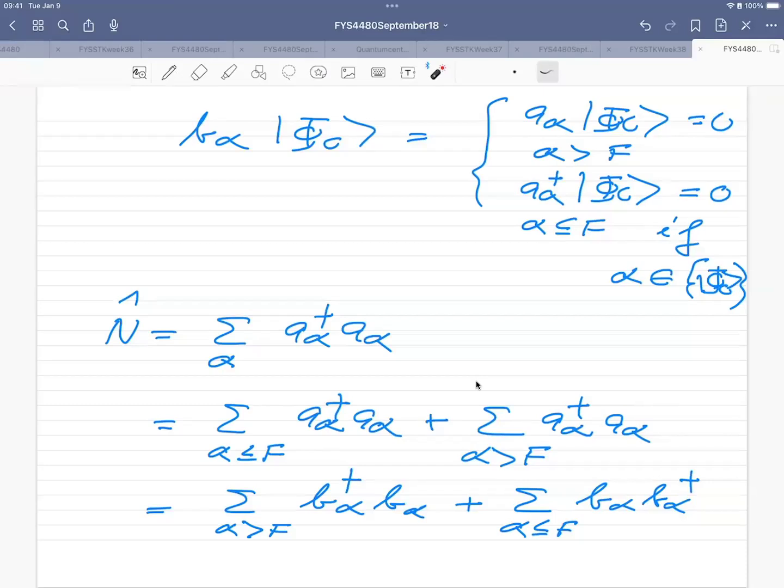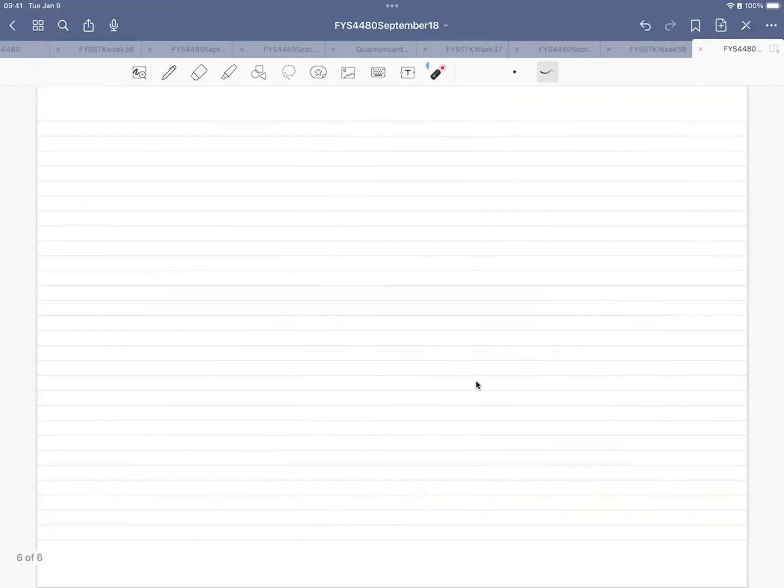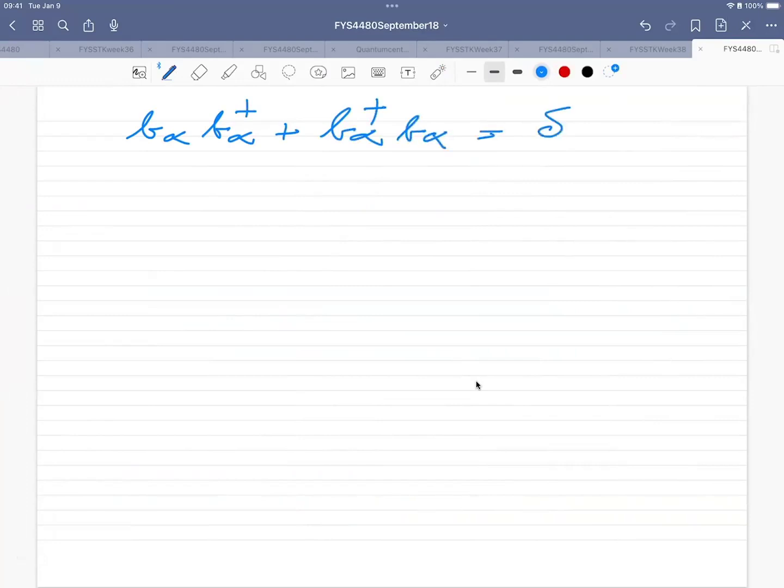So let's then do that. We simply use the anti-commutation rules, which we have defined for these operators. And then we know that b alpha b alpha dagger plus b alpha dagger b alpha is simply equal to delta alpha alpha, the Kronecker delta here. Now this is an operator which acts only on the same states, so this really simplifies things. And that means if I do that, then I can rewrite this number operator in terms of a sum over alpha which is larger than the Fermi level.